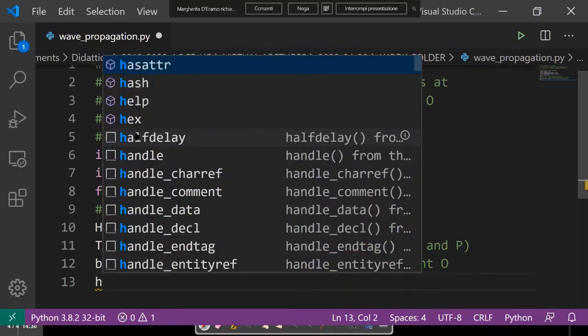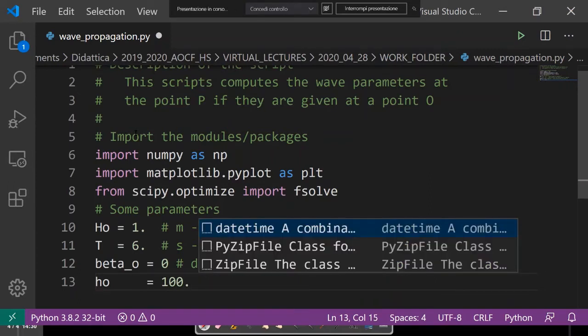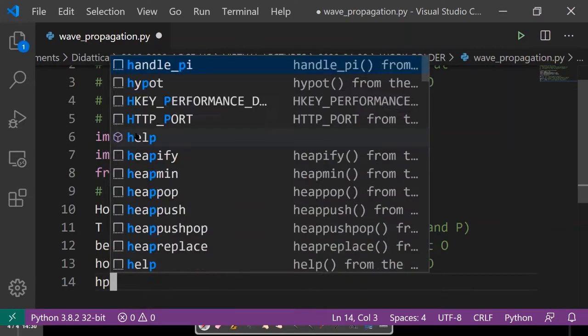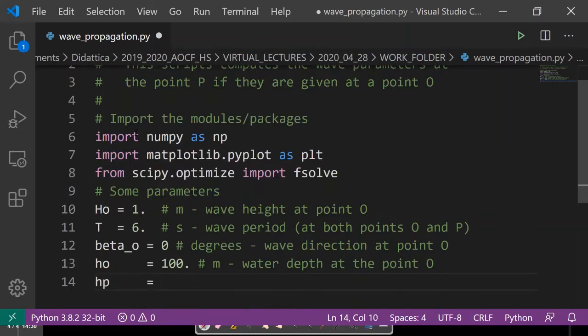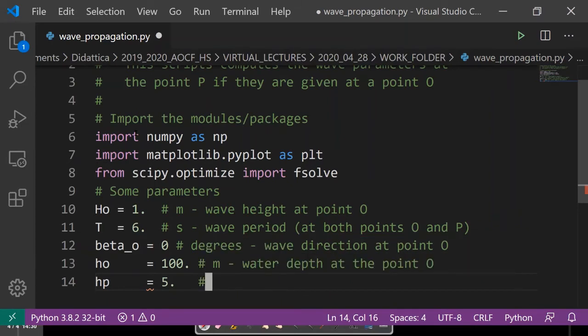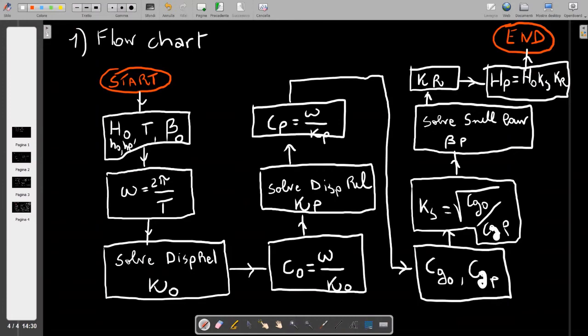So we can write HO is equal, just for example, to 100 meters, water depth at the point O, and HP is equal, just for example, to 5 meters, water depth at the point P. Okay, so these are the parameters. So we have done this first part.